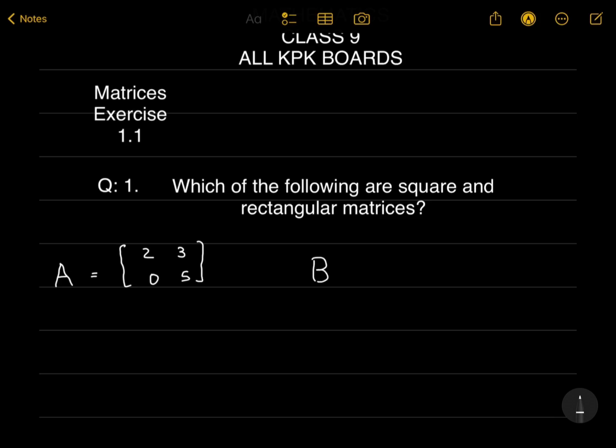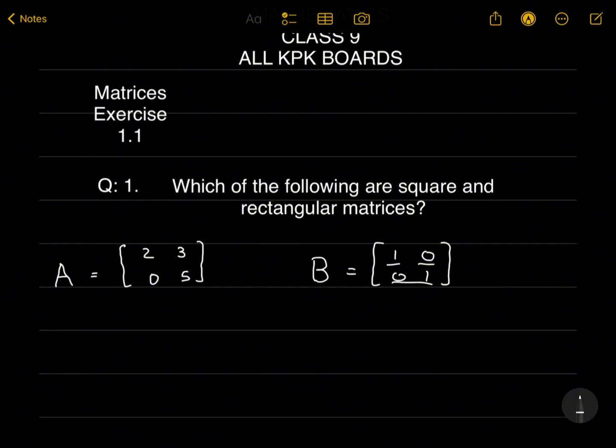For example, B is equal to 1, 0, 0, 1, the simplest one. This is a matrix. Now the numbers which are present inside these square brackets are called its elements. So 1 is its element, 0 is its element, and 0 and 1 are also its elements.